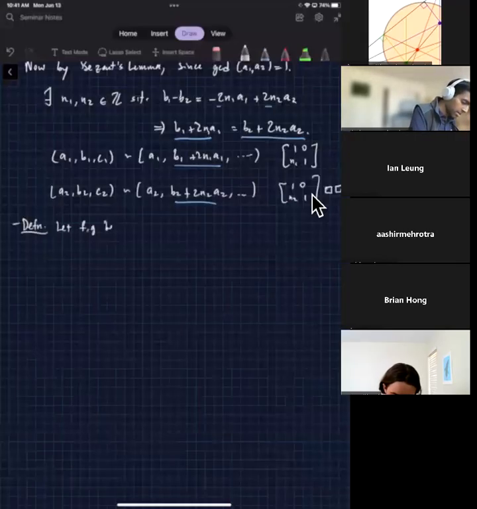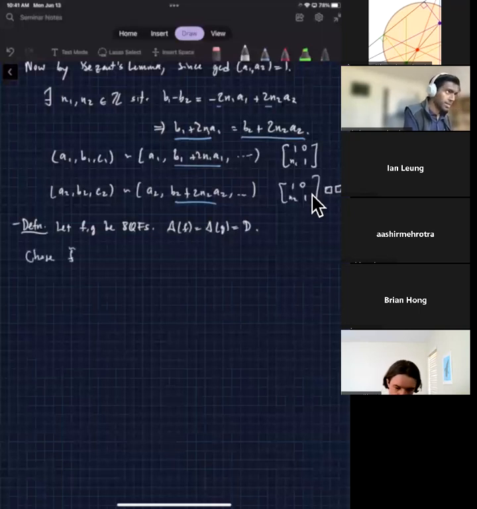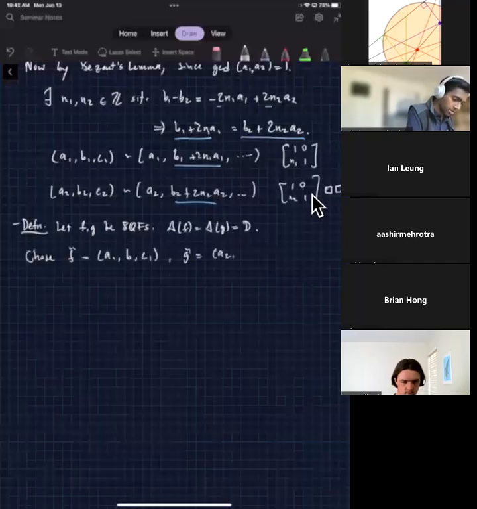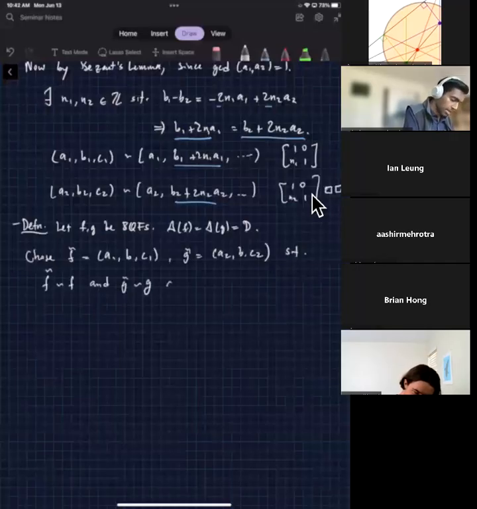Let F and G be BQFs, where the discriminant of F is equal to the discriminant of G is equal to some D. And choose a BQF F tilde equal to A1, B, C1, G tilde equal to A2, B, C2, such that F tilde is equivalent to F and G tilde is equivalent to G, and also such that 4A1A2 divides B squared minus D.